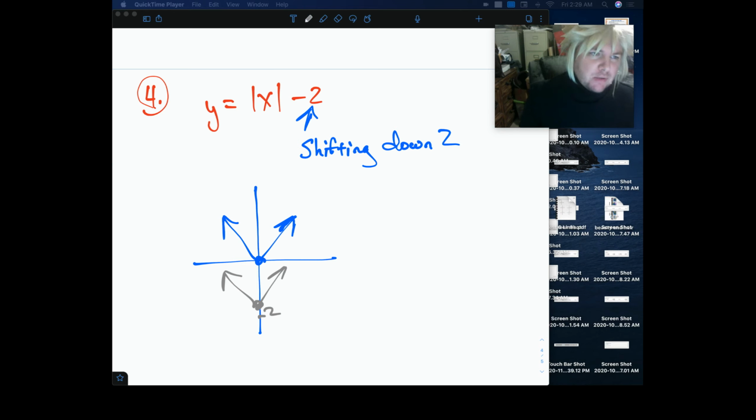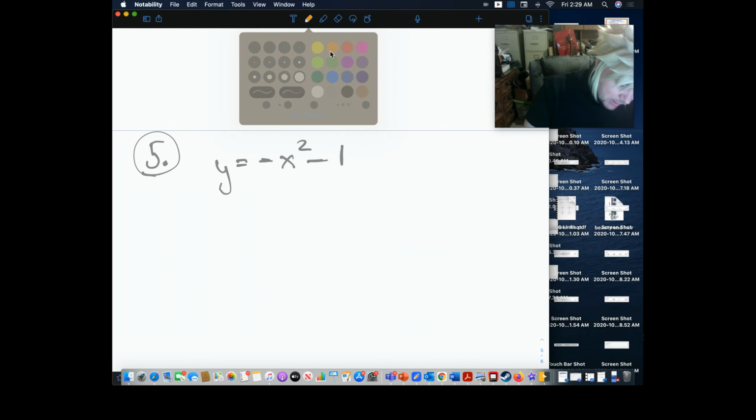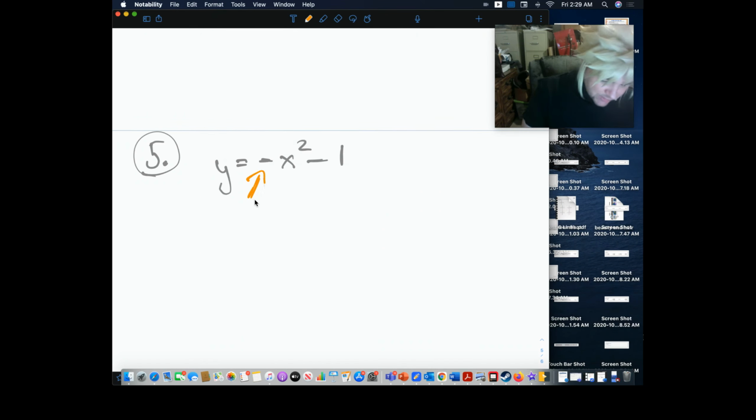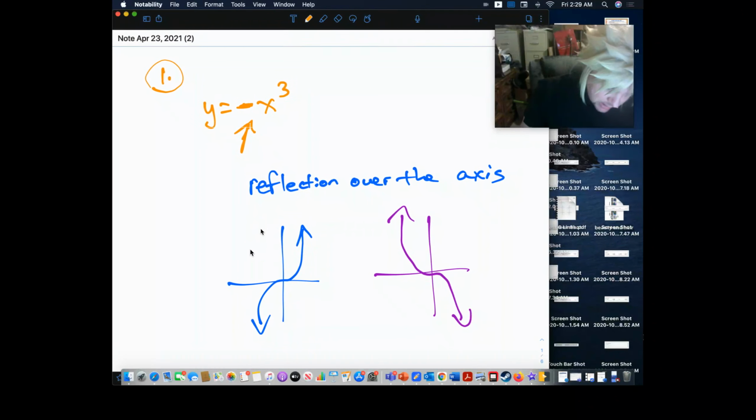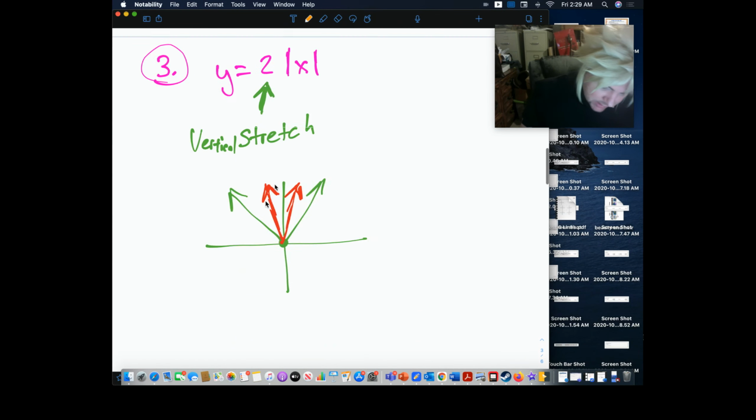So much winning, so little time. All right. What's going on next? Let's do number 5. So for number 5, we have y equals negative x squared minus 1. Now this is going to be a little trickier because we have 2 effects going on. We have the negative sign, which if we refer back to the very first question, we see that that is a reflection over the x-axis.